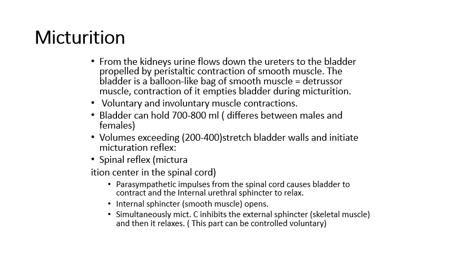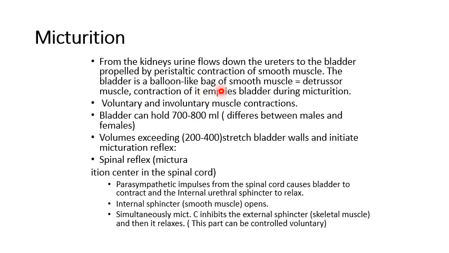Now we will talk a little bit about micturition, which is a reflex that is very important as a function of the urinary system to eliminate urine. The kidney actually produces urine continuously, and urine will flow down from the ureters to the bladder by peristaltic contractions, and then the bladder will contain and store the urine.